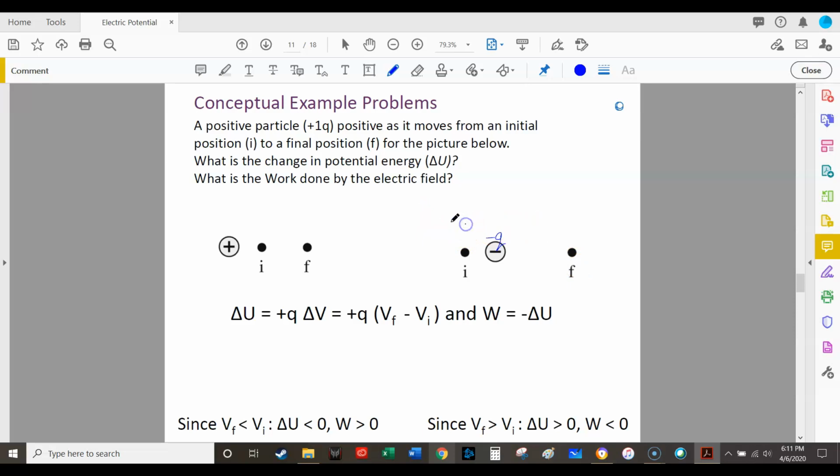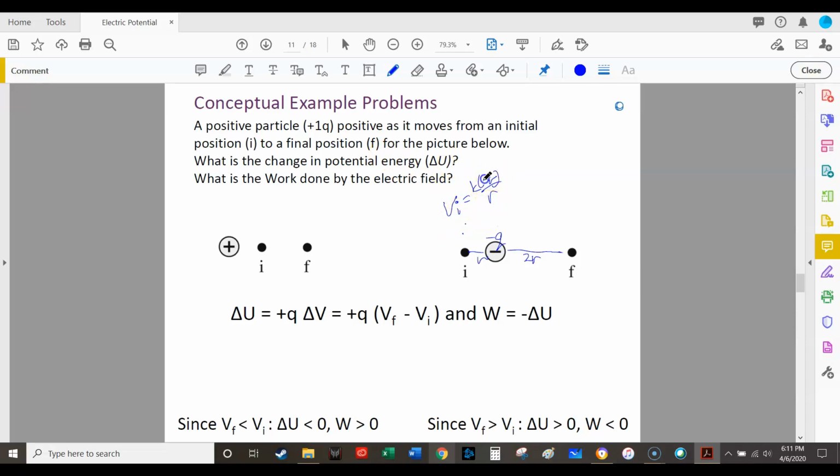So that'll be negative voltages. Again, this is a distance R, and we're going to call this a distance 2R. So the voltage at I is going to be equal to K times a negative Q all over R.